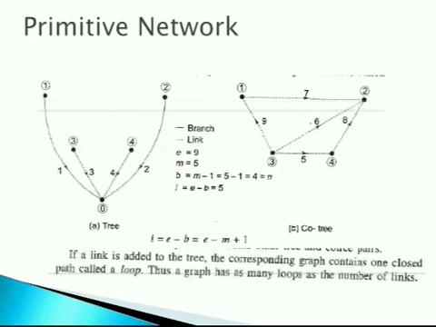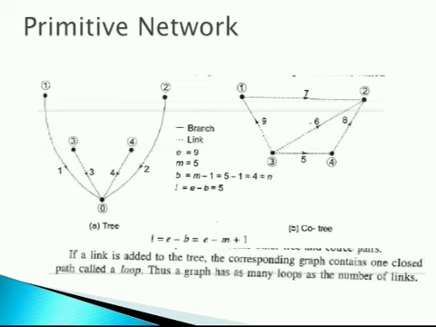Now the concept is, if a link is added to a tree, the corresponding graph contains one closed path called a loop. So if we include one element of the co-tree and connect it to the tree, we will have one closed path. For example, you have branch 1 and branch 3 on the left-hand side.